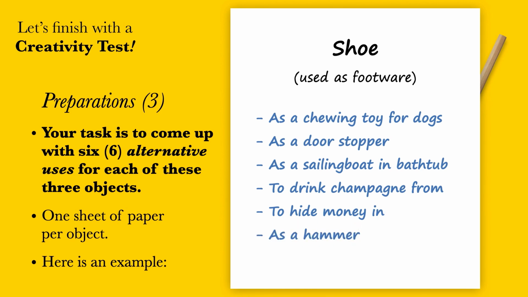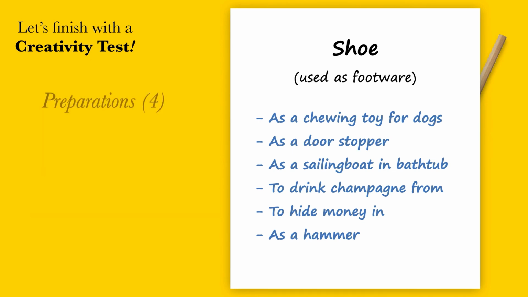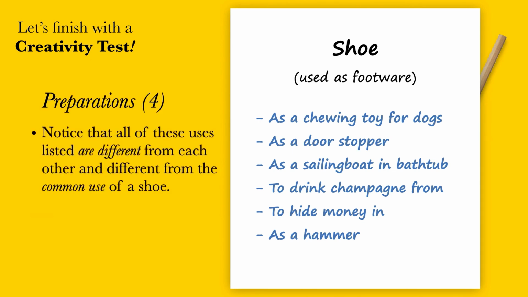Okay? Please notice that all of these uses listed are different from each other and different from the common use of the shoe, because none of these is actually using the shoe as footwear.